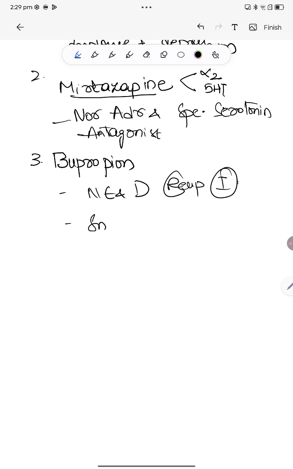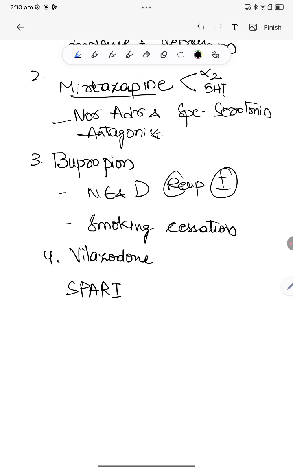This is used in smoking cessation. Then comes our final atypical antidepressant, vilazodone. Vilazodone is primarily a SPARI, a 5-HT1A partial agonist and also a reuptake inhibitor. Clear? So these are our atypical antidepressants.